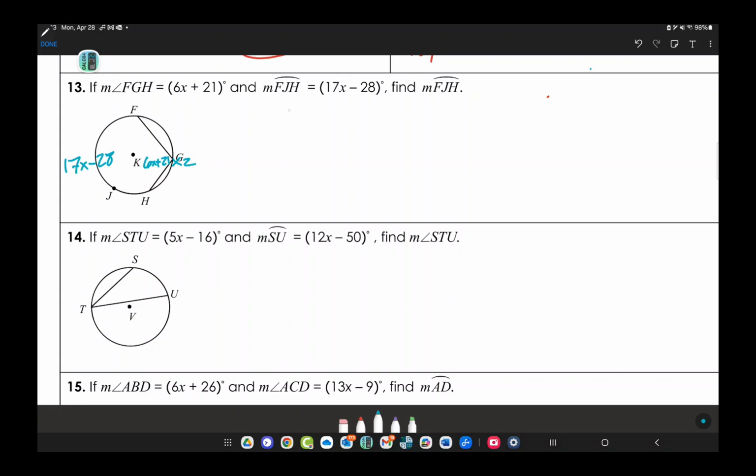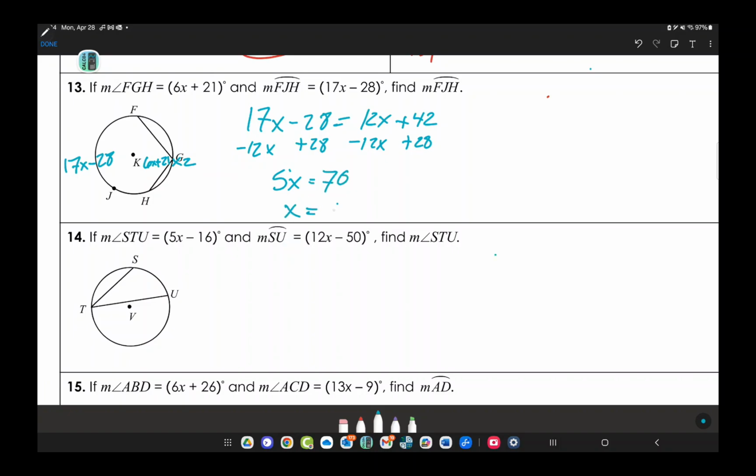Let's multiply that by 2. 17x minus 28 is equal to 12x plus 42. Subtract 12x, 5x, add 28. You get 70.